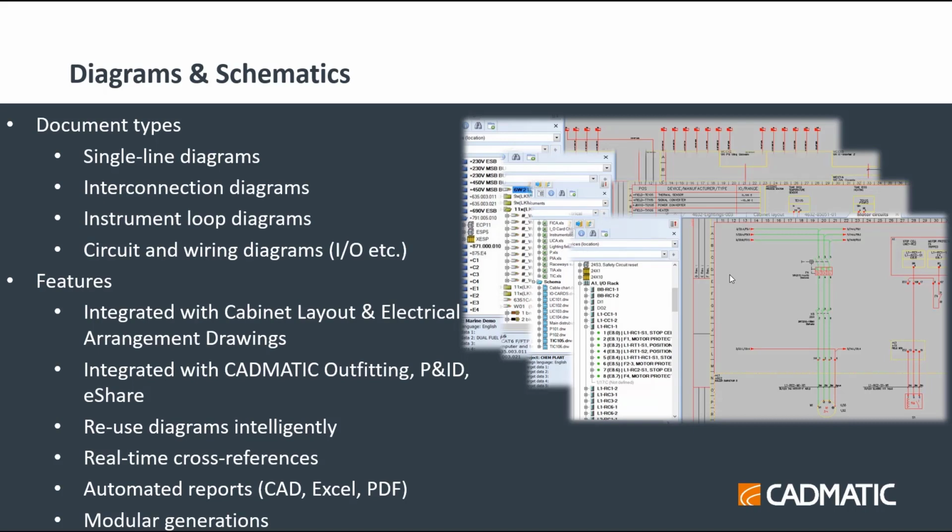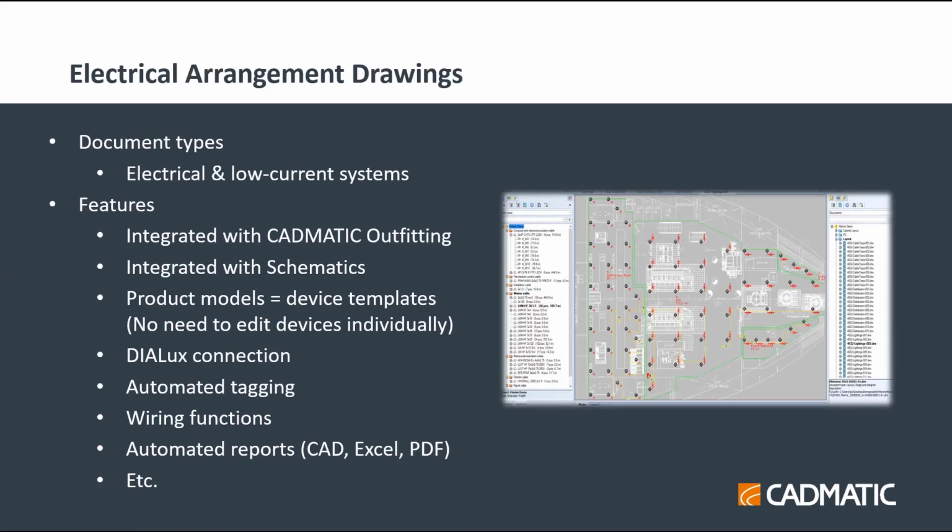Didn't have time to demonstrate you today the modular generation, but you can see example of our modular generation functionality in our YouTube channel. Regarding the electrical arrangement drawings, you can use this module to create electrical and low current systems. It is integrated with CADMATIC outfitting, of course with eShare. It is also integrated with our schematics application. You have seen the product models, so there is no need to edit or manage devices individually.